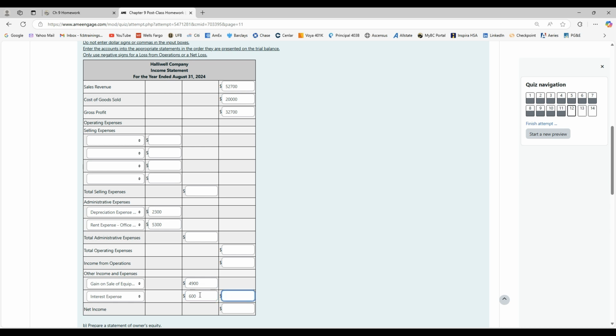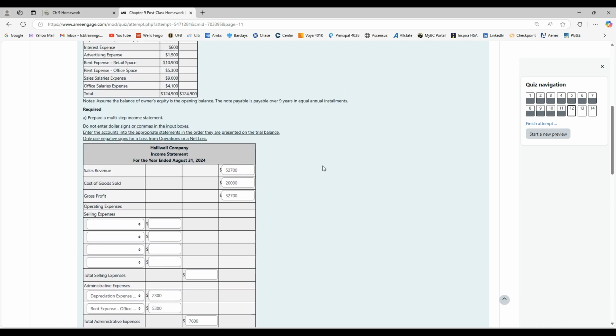Again, this is a plus, this is a minus, but it's telling us not to use negative signs. So anyway, let's see if that all comes out right. So we got 4,900 minus 600 gives us 4,300 for other income, the net amount there. Total administrative expenses then becomes 2,300 plus 5,300. And that's 7,600.